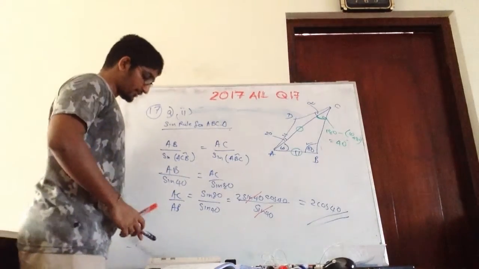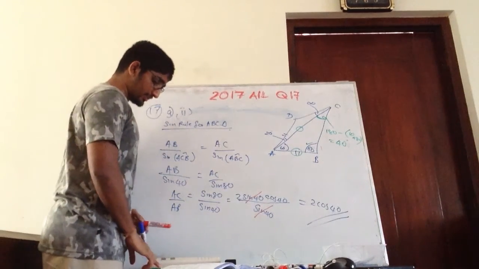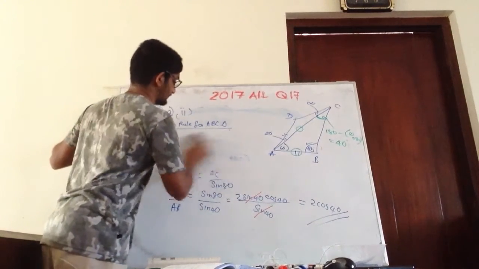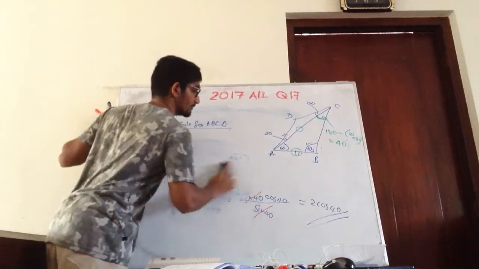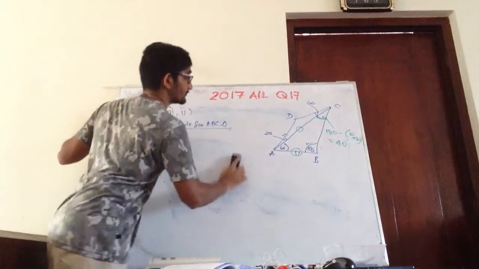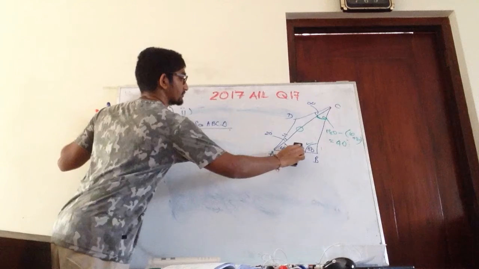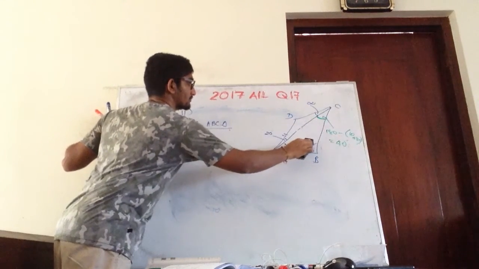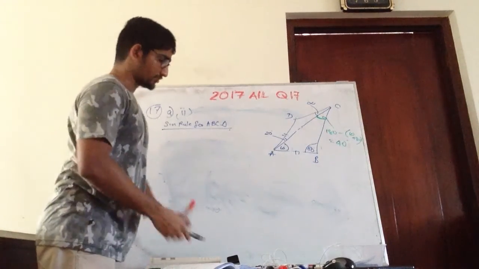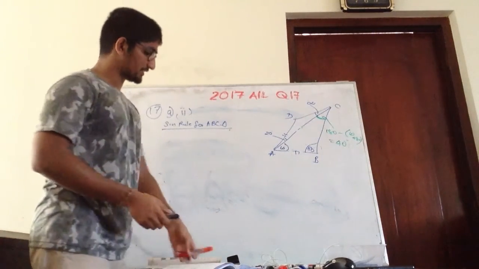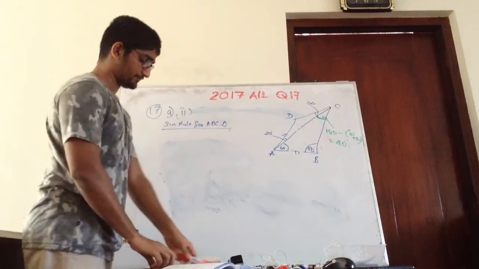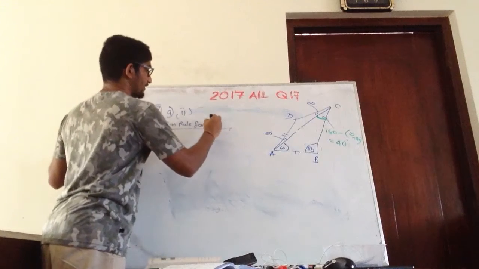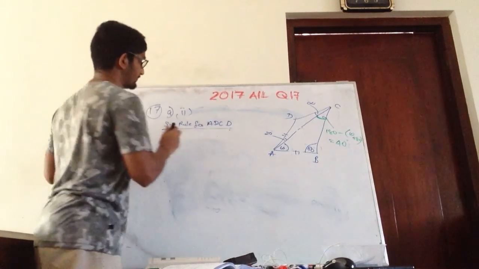Next, they are saying to use the sine rule for the triangle ACD.